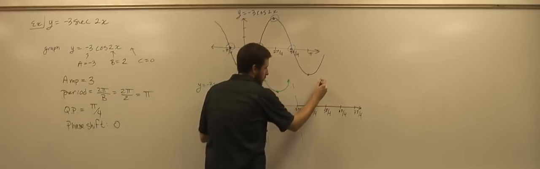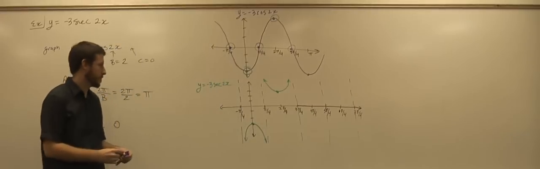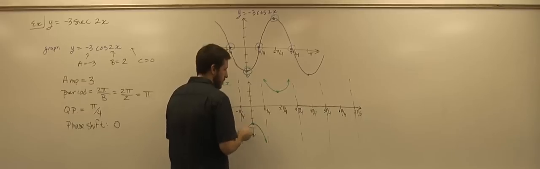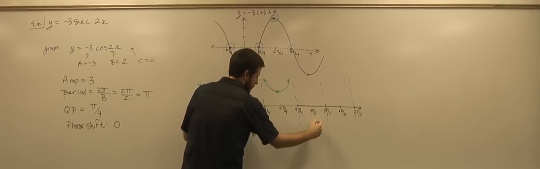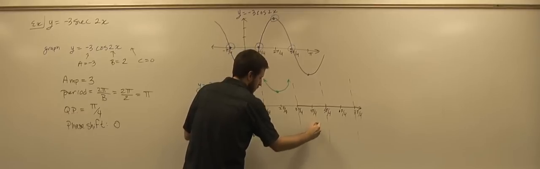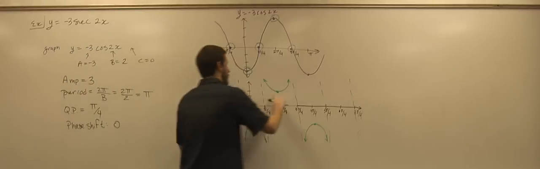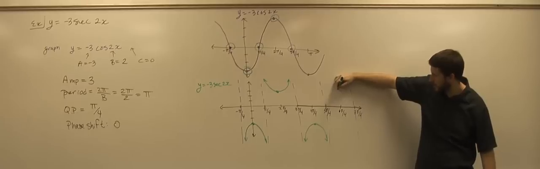So you're going to get this. Right? Every 2 quarter periods, you get an asymptote. And then you're down at -3 right here, so you're going to be down at -3 after this asymptote. And you're up at 3 here, so you're going to be up at 3 over here.